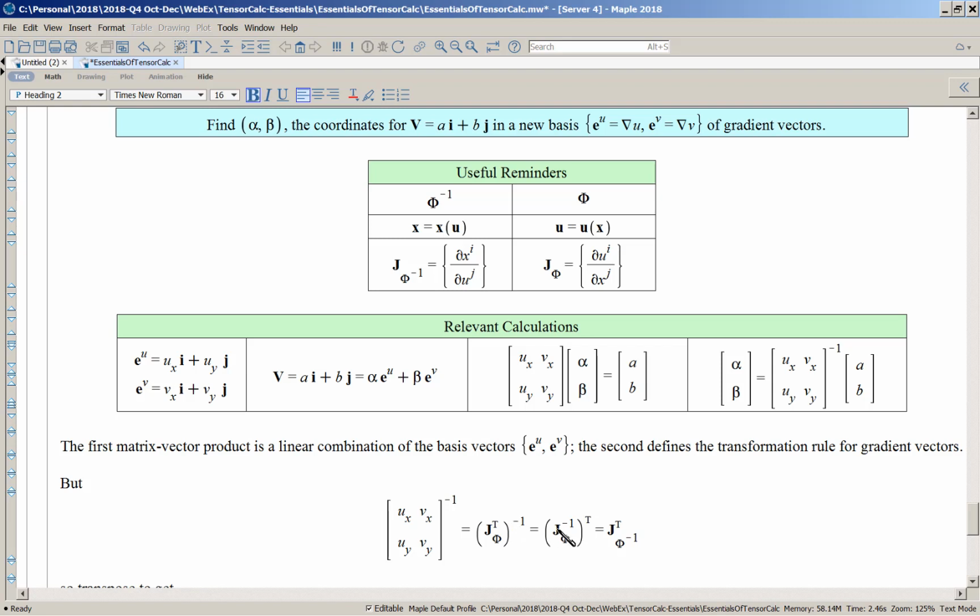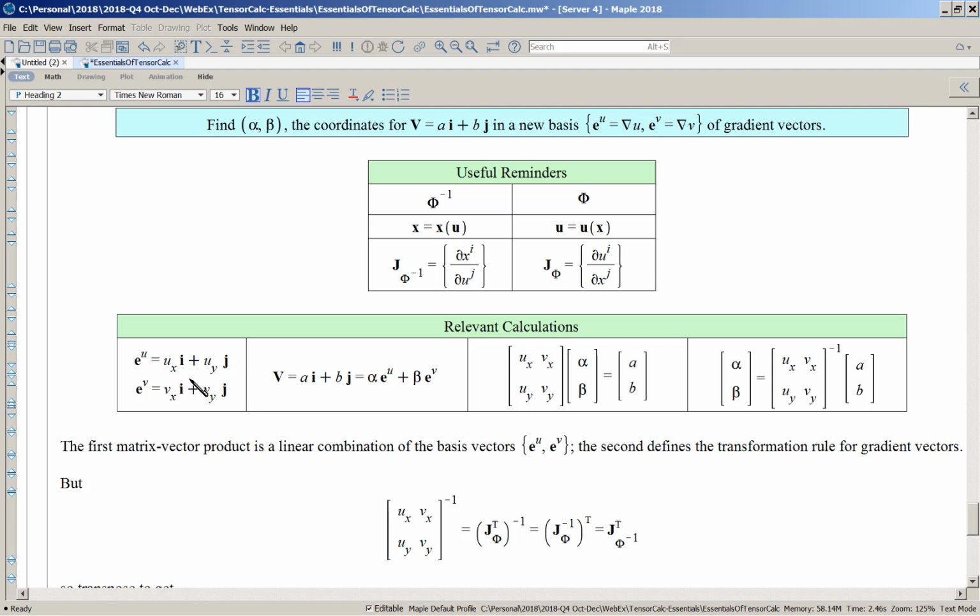So now we have the inverse of J phi transpose. But the inverse of J phi is J phi inverse. But that matrix, that Jacobian matrix, still has that transpose.